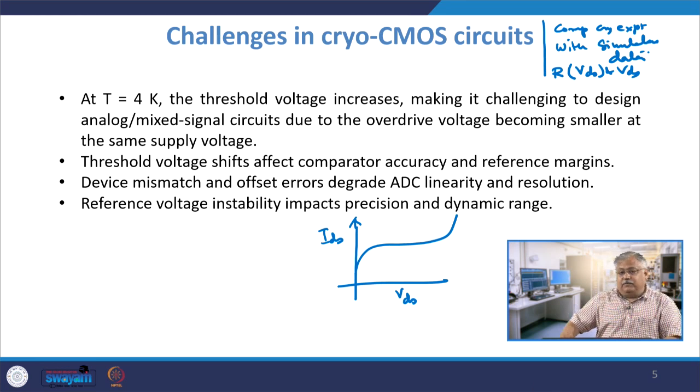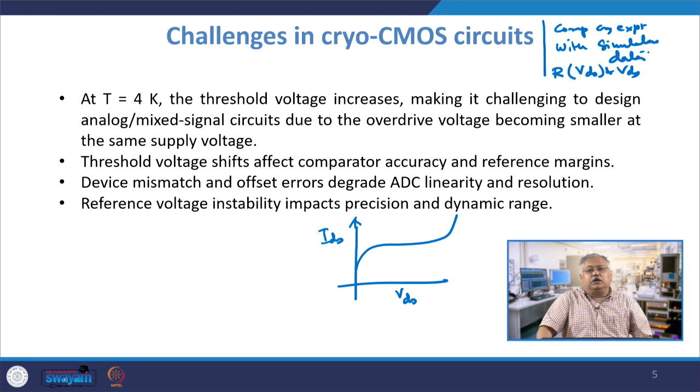When you do an equivalent circuit model, you can actually replace that active device by a resistance. Now at 4 Kelvin the threshold voltage increases, right, we have seen this, and therefore the overdrive becomes very small and you are not able to drive large amounts of current, and the threshold voltage shift therefore affects the comparator accuracy and the reference margins.